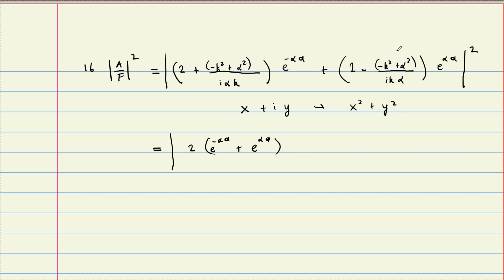You can see these terms are also identical, so let's combine them. Plus minus k squared plus alpha squared divided by i alpha k e to the minus alpha a. So here is plus, here is minus, so this is going to be minus e to the alpha a. And I'm going to take the absolute value square.